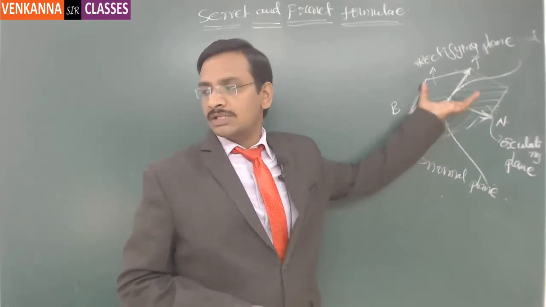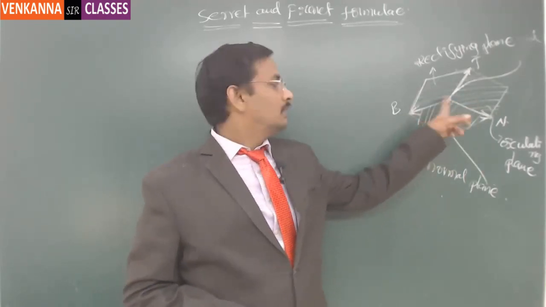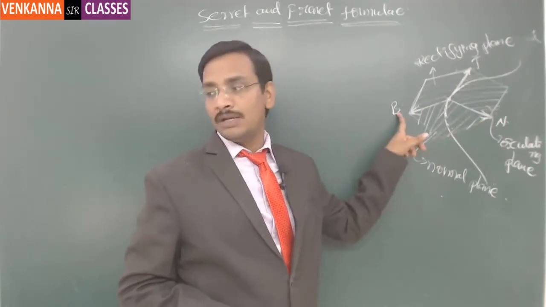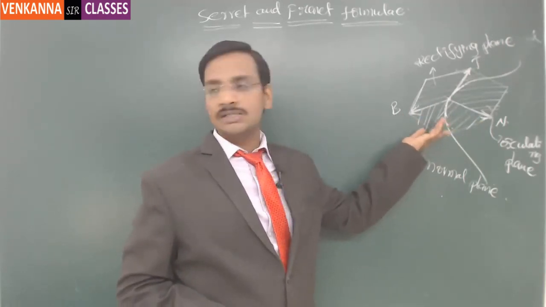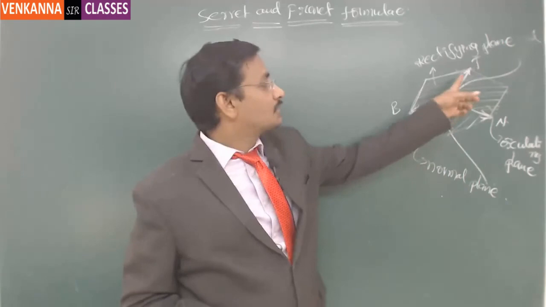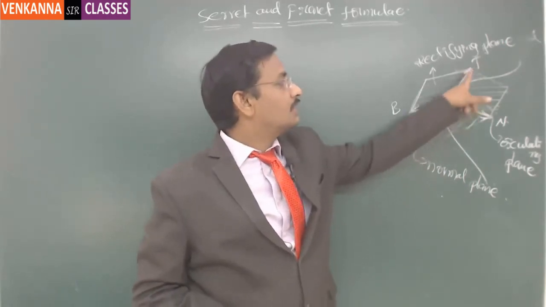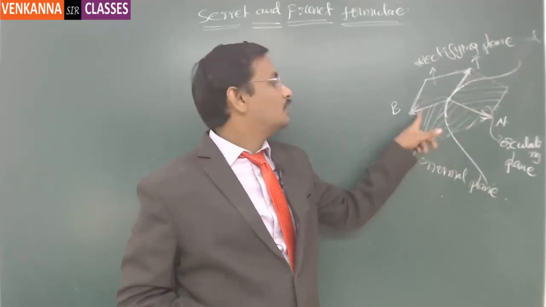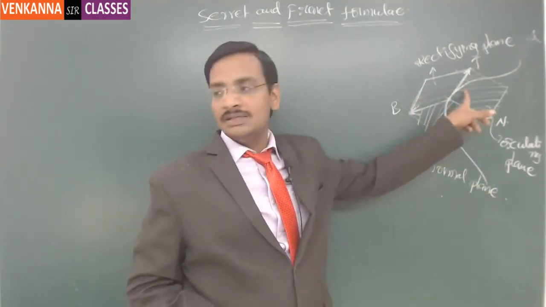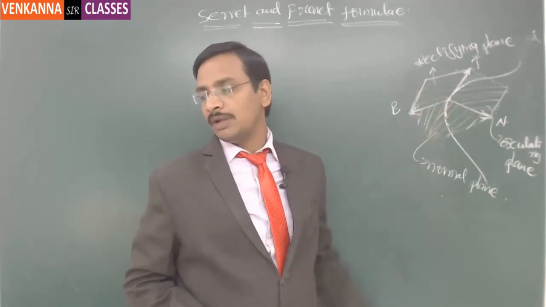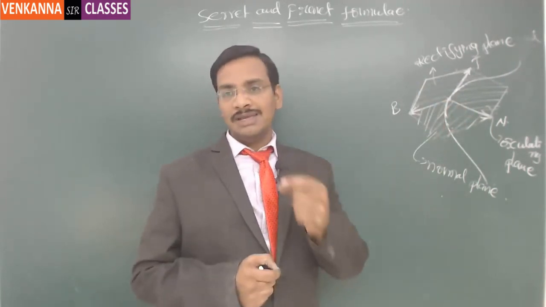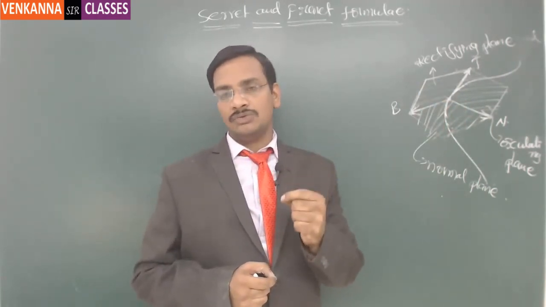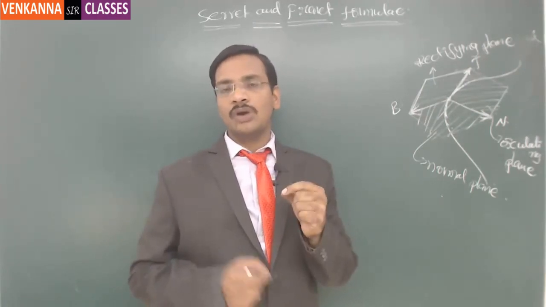Where this is the bottom, let us say, this is the normal and this is the binormal. The bottom plane we call the normal plane, and the one containing tangent and normal we call the osculating plane, and the one which contains binormal and tangent we call the rectifying plane.